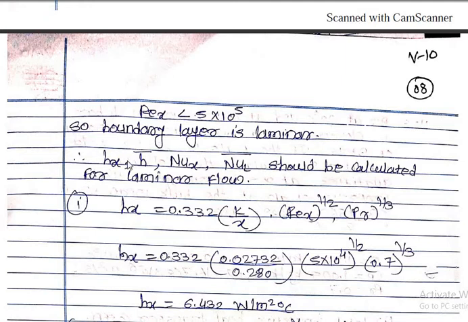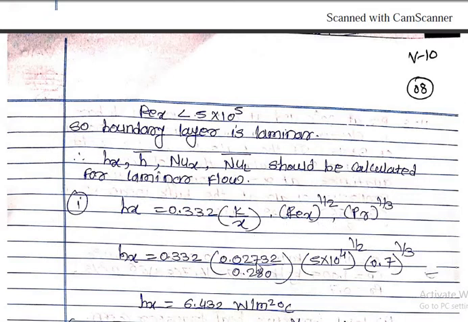The empirical relations for the laminar flow over a flat plate, we know that h suffix x, the local heat transfer coefficient, will be given as h x is equal to 0.332 multiplied by bracket k divided by x multiplied by Re suffix x raised to 1 by 2 multiplied by Pr raised to 1 by 3, where k is the thermal conductivity of air, x is the location of that particular point from the leading edge, Re suffix x is the local Reynolds number, and Pr is the Prandtl number.